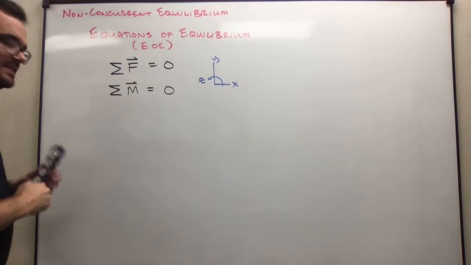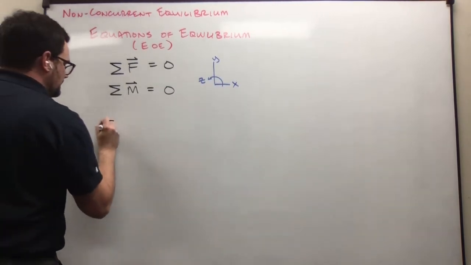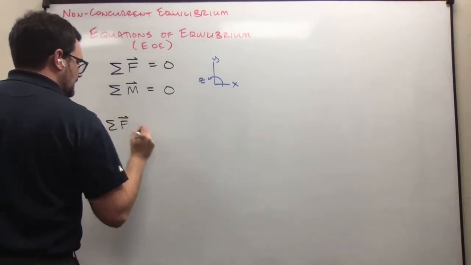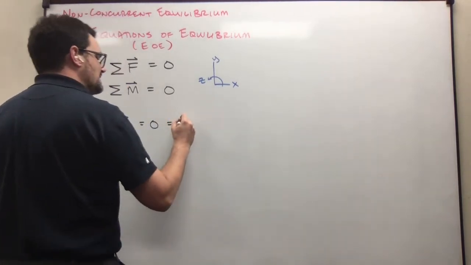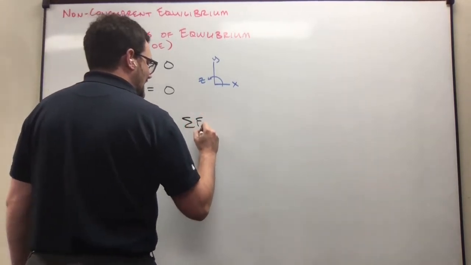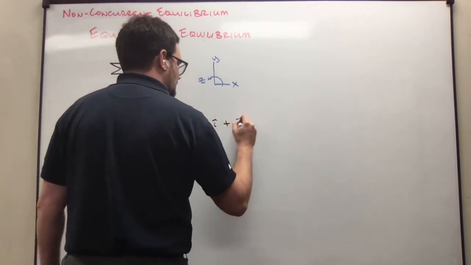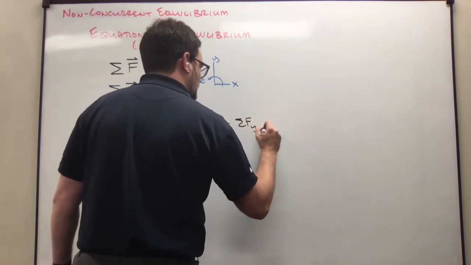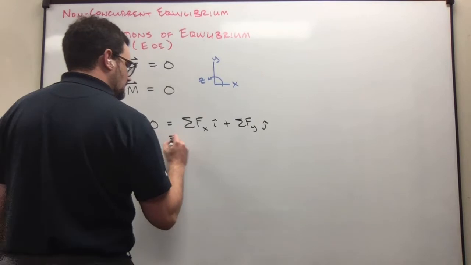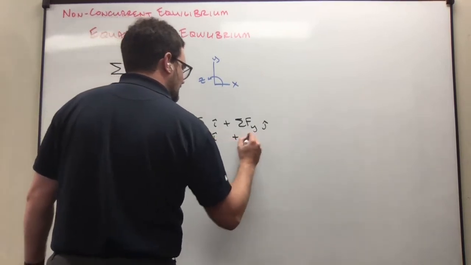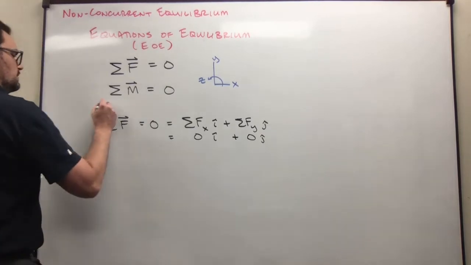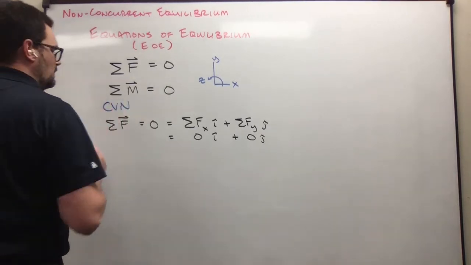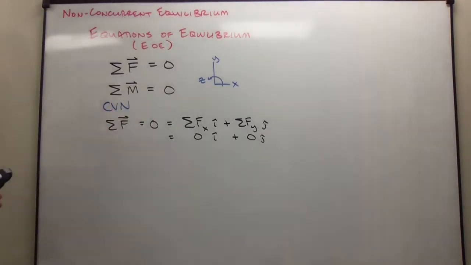And so when we're resisting translation, our sum of the forces is going to have two components, right? The sum of the forces is equal to 0. So we're going to say that the sum of the forces in the X direction is equal to 0, and the sum of the forces in the Y direction is equal to 0, or 0i plus 0j. This is our Cartesian vector notation, CVN, form of the equation, Cartesian vector notation.